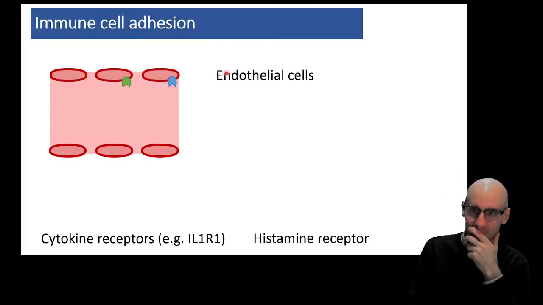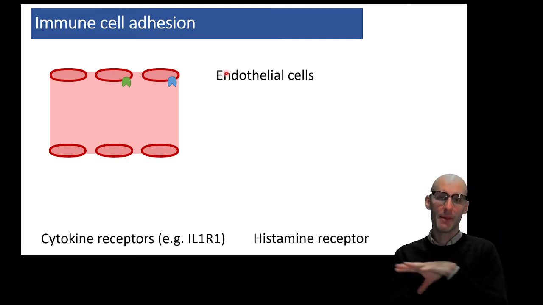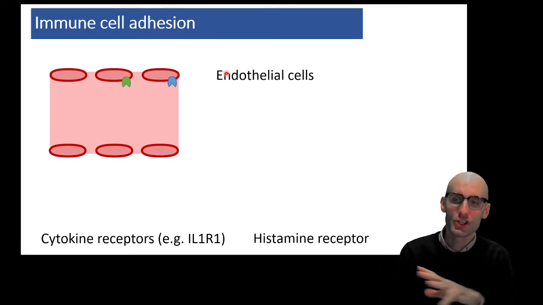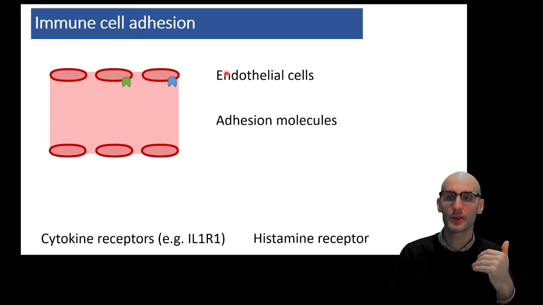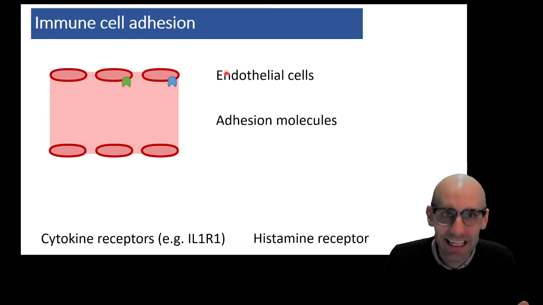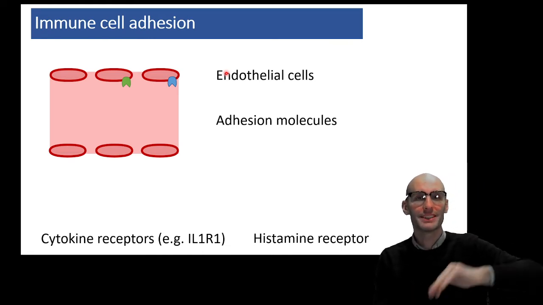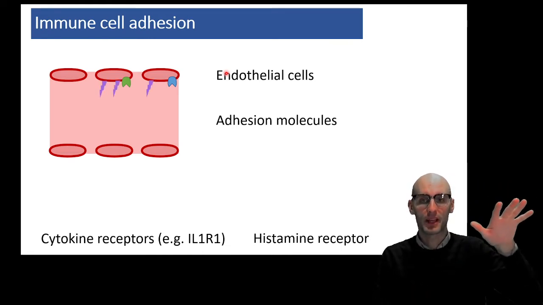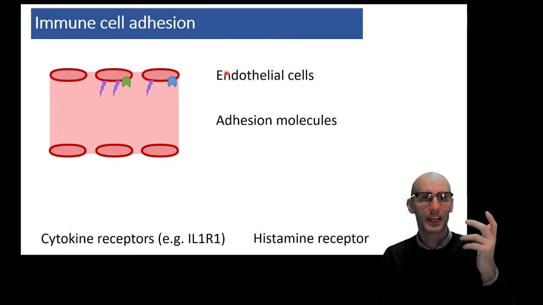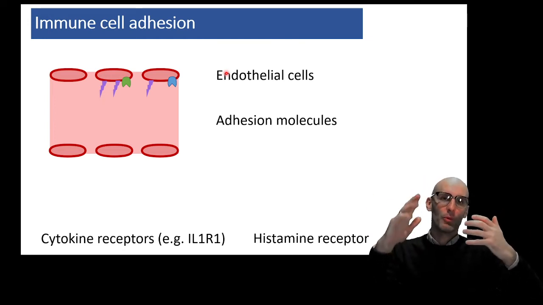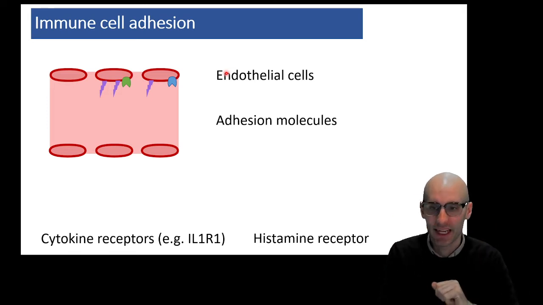There's another thing that happens with our endothelial cells. Should you activate a cytokine or histamine receptor on our endothelial cells, they will start to express adhesion molecules. These are molecules that dangle out into the lumen of the blood vessel, like this, and they are there to grab immune cells that have a matching molecule that will grab onto the adhesion molecules.